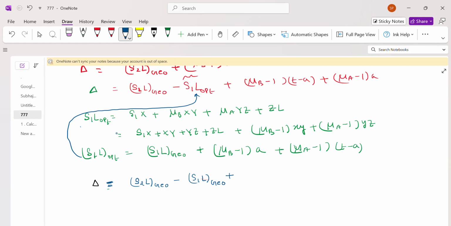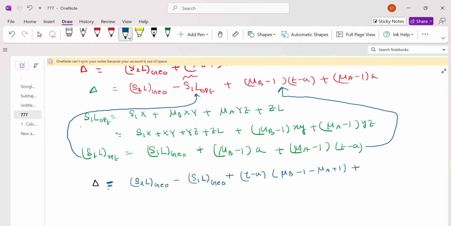Then if I club this term and that term and take t minus a common, I will get t minus a into, this comes first because it is part of S2L opt, mu b minus 1 minus mu a plus 1.